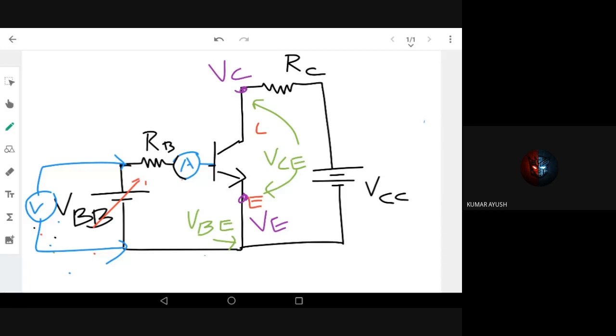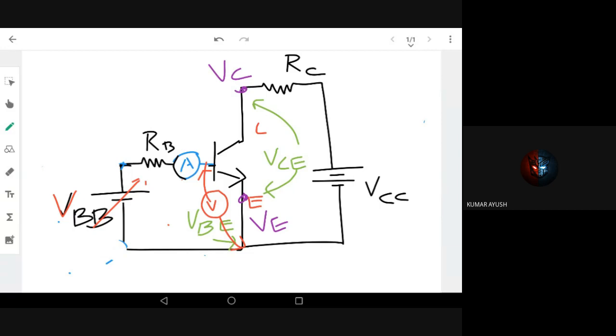But what I'm more interested in is keeping a voltmeter at the base-emitter junction. This is what I actually want to measure, right? So I don't need a voltage source here because I already have a variable voltage source, the potentiometer, there. So I'm measuring VBE, and I also have an ammeter to measure IB.